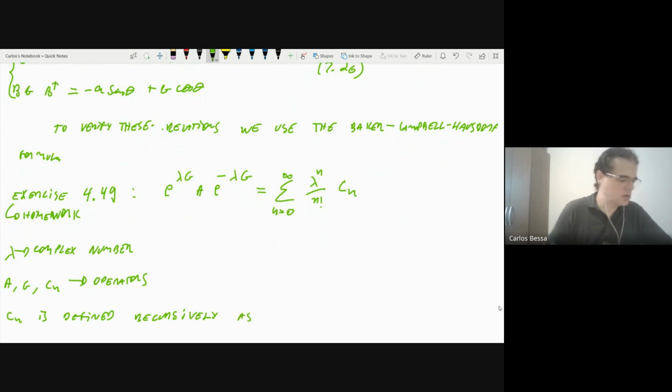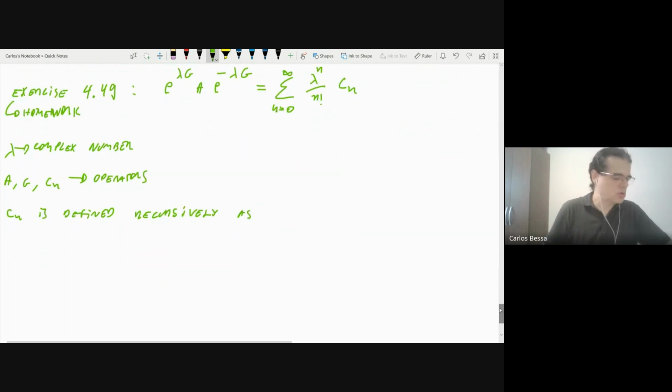As a sequence of commutators. So C0 is A, this is equation 7.27.